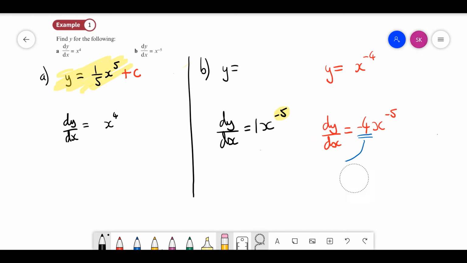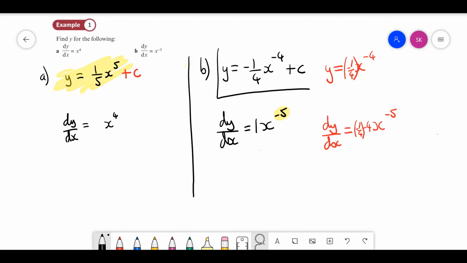So I'm going to write that in here. So it was negative 4, but I'm going to times it by negative 1/4, which means I'm going to times this thing by negative 1/4. And so my answer is going to be y equals negative 1/4 x to the negative 4 plus c. And this is my final answer.